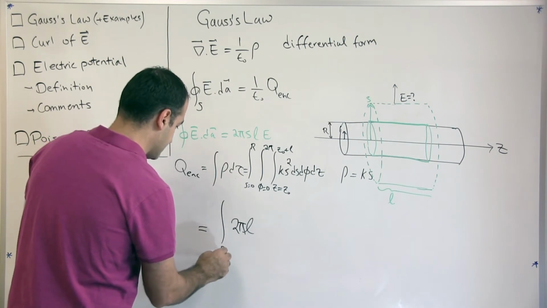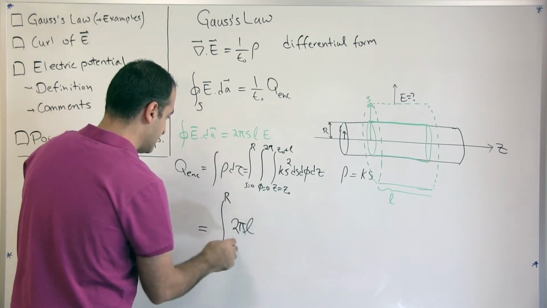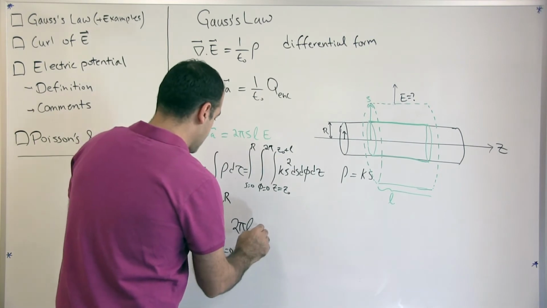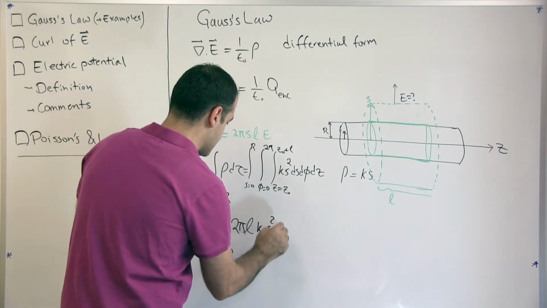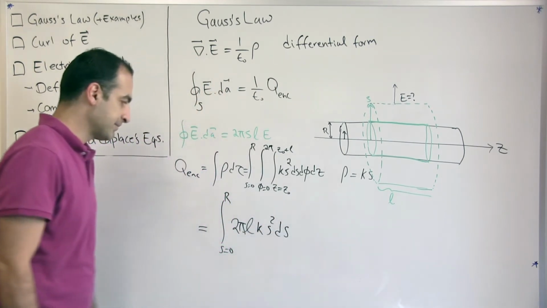And then we have the integral of S from 0 to R, 2 pi L K S squared ds.